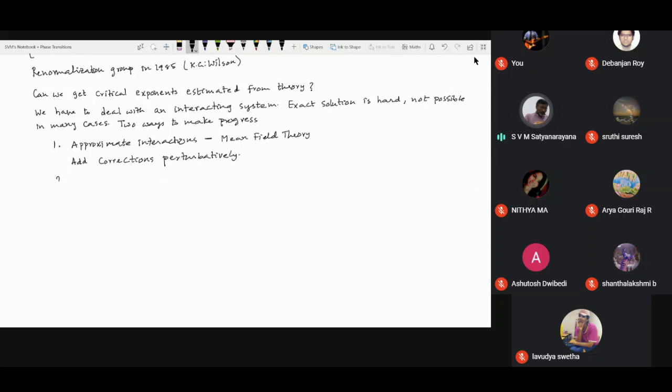The second approach is computer simulations. Here you don't approximate interactions.